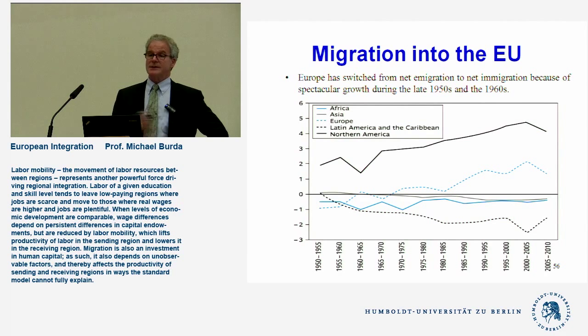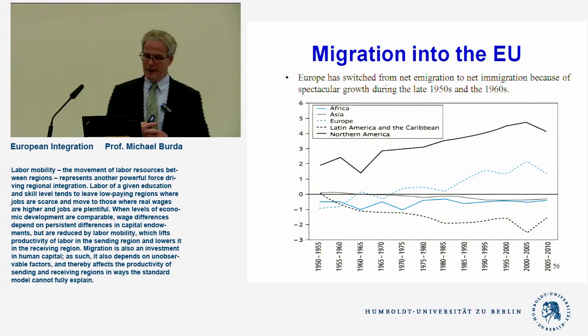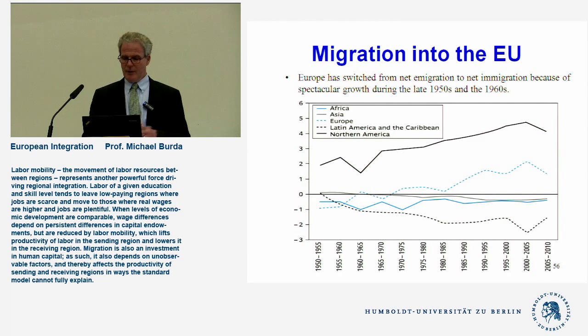The European Union has got a lot of migration. In terms of the numbers, it's not quite as spectacular as the United States, but one thing we have noticed is that Europe was an emigration source. It was a source of people leaving to go to the United States, to Australia, to Latin America, up until the 1950s, as a function not just of World War II and World War I, but in general, migrating to places where wages are higher.